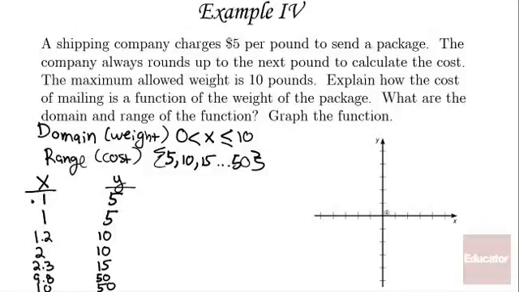So here's what I see. If I go over to my graph and I say, okay, X is going to be 1, 2, 3, 4, let's just go up to 5 pounds for right now. And then Y is going to be $5 or 10, 15, 20, 25. Let's look at what happens. If I have a package that is anything over 0, maxing out at 1 pound, it's going to be $5.